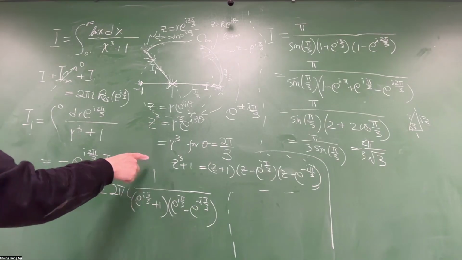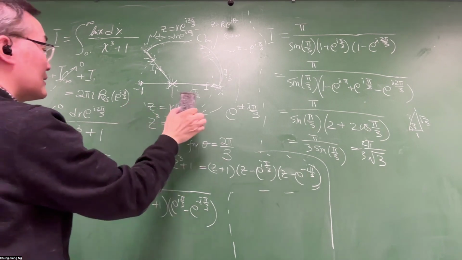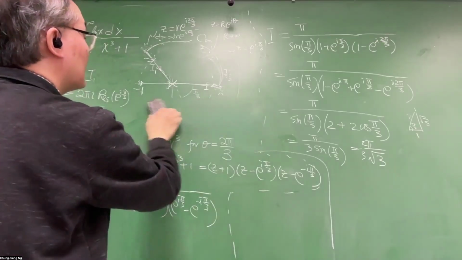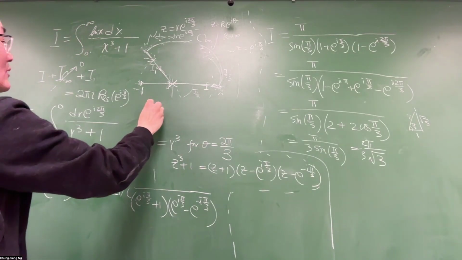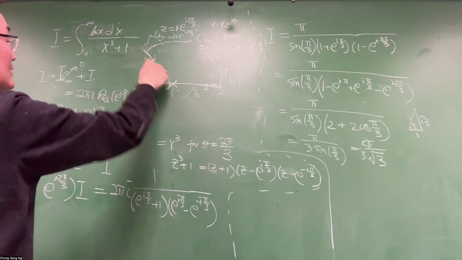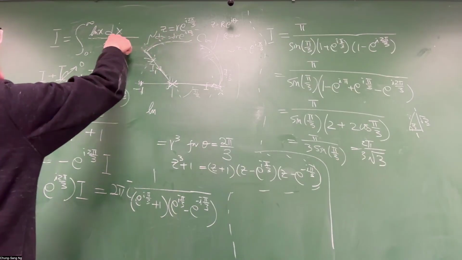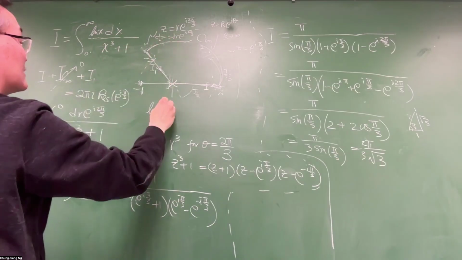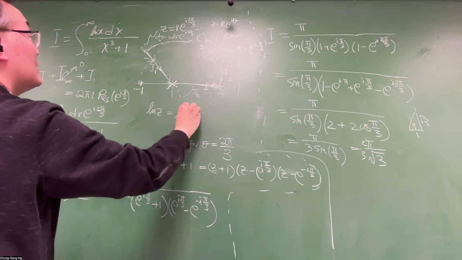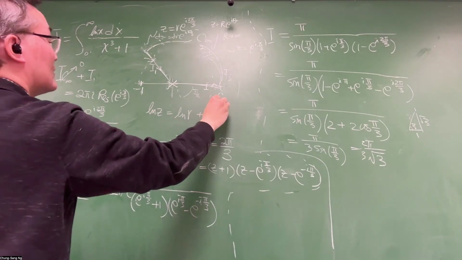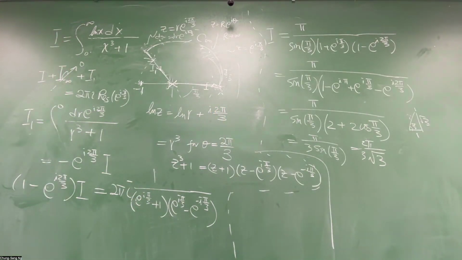Because now you need to consider one more thing. Because you have a log x along this line, right? So log z becomes log r plus 2 pi i. That's an extra factor.